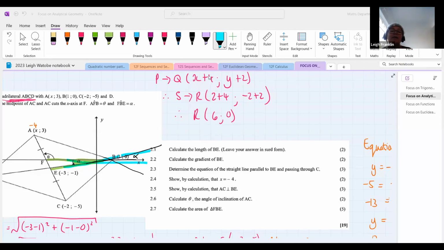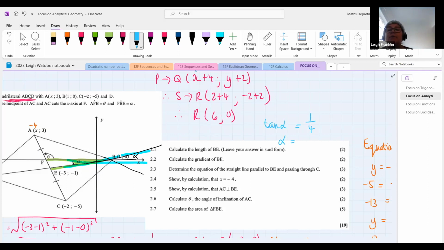Yeah, exactly, Nkla. So m equals tan alpha, precisely. You've got the gradient of BE. So tan alpha would be the gradient of BE, which was 1/4. And then you could work out how big alpha was.